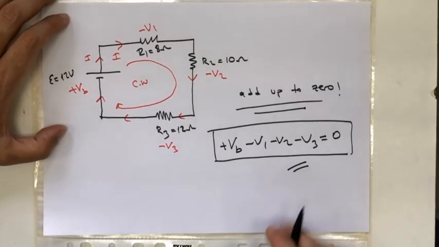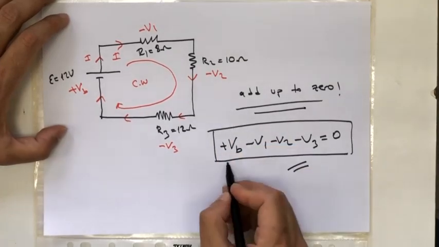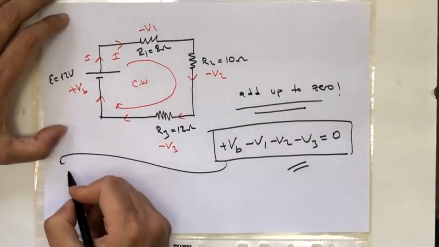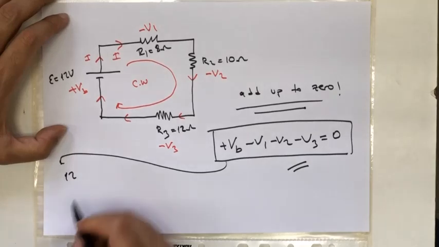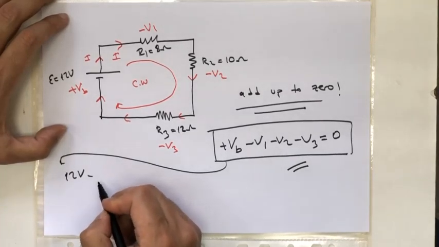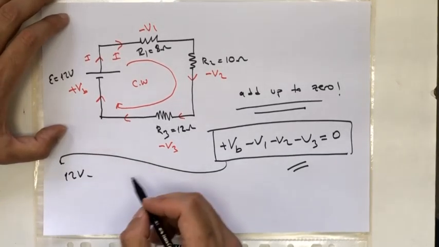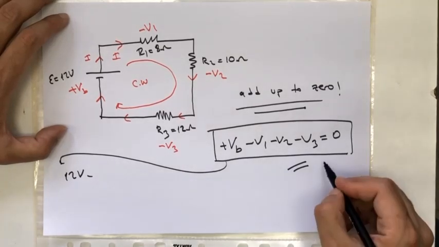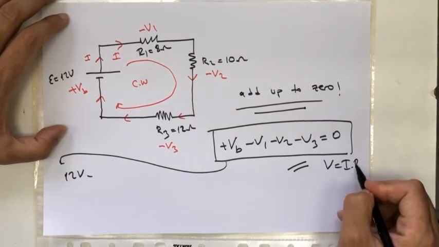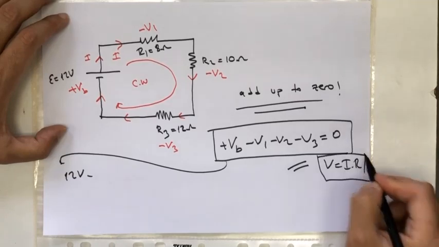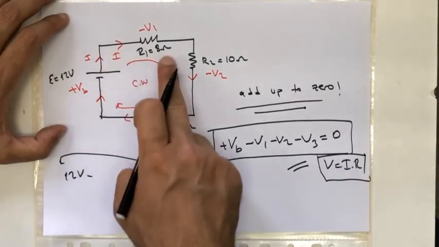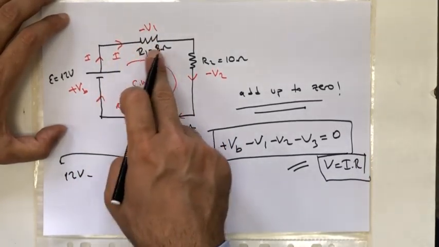If we write the numbers here, V_B is 12 volts minus V1. Since Ohm's law states that V equals I times R, we can easily write V1 as I times 8.